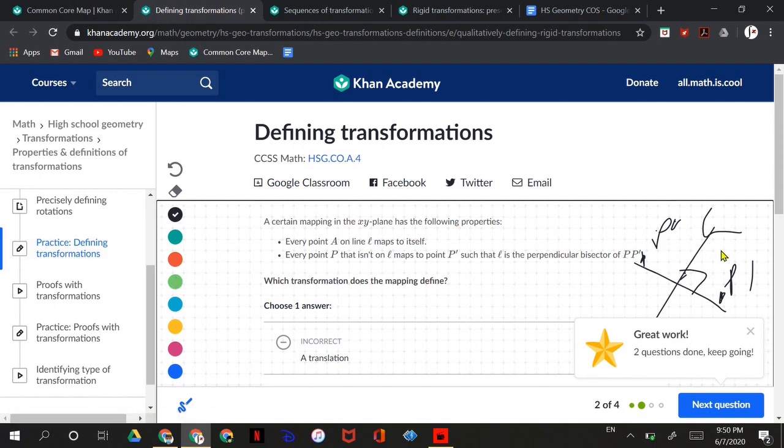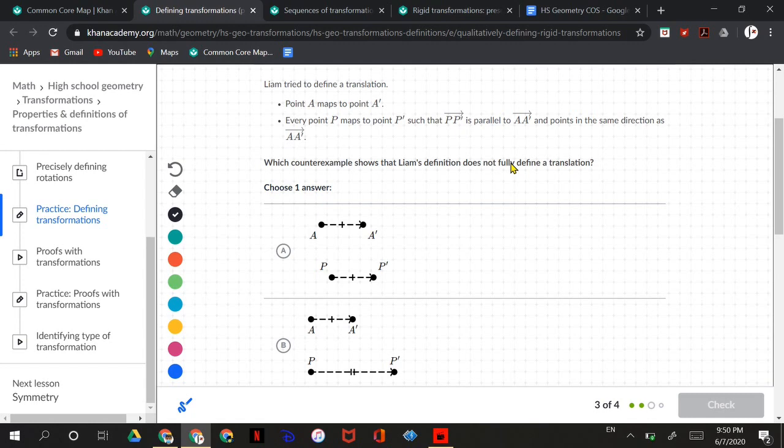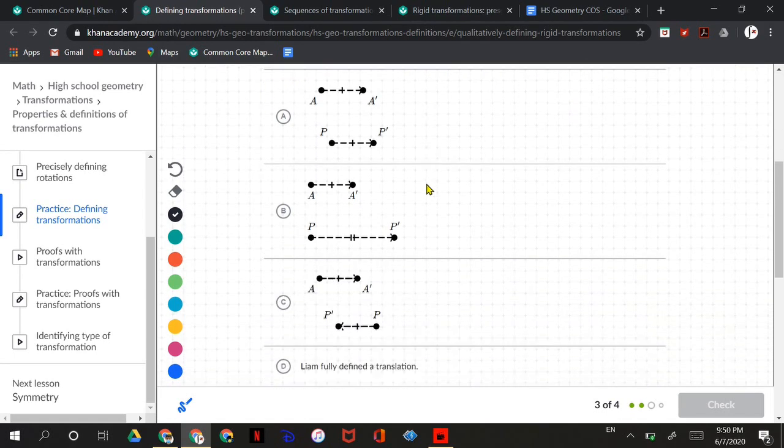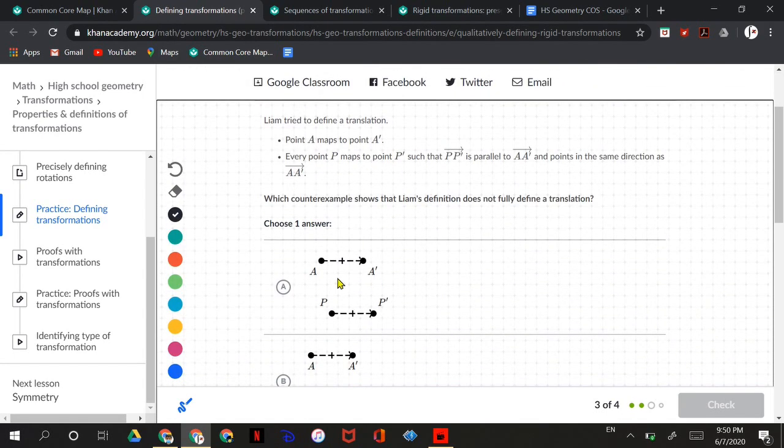So let's go. Point A maps to point A. Every point P maps to point P1 such that PP1 is parallel to AA1 and points in the same direction, which does not fully define a translation.